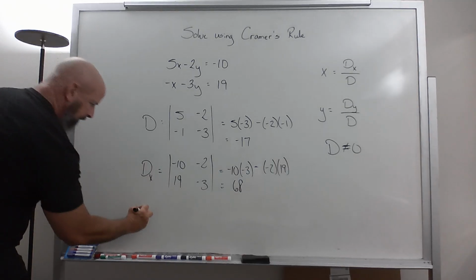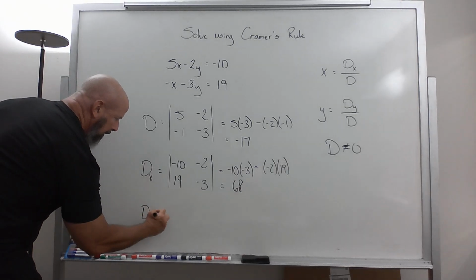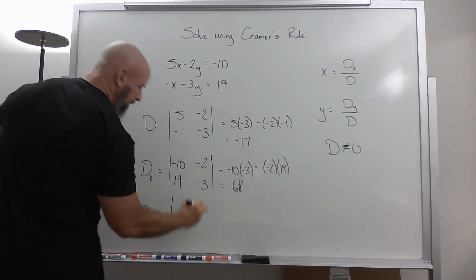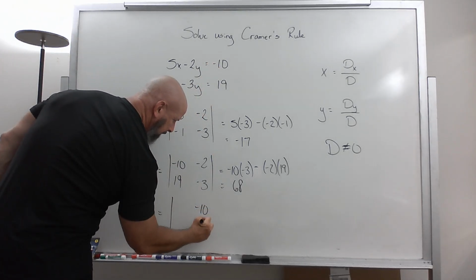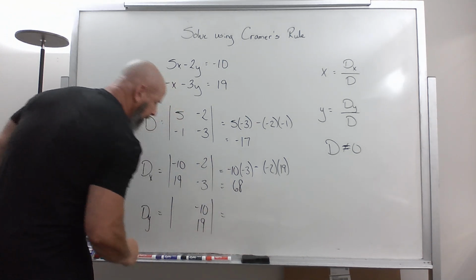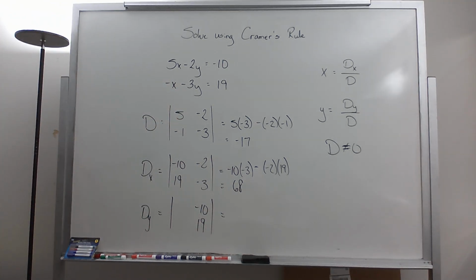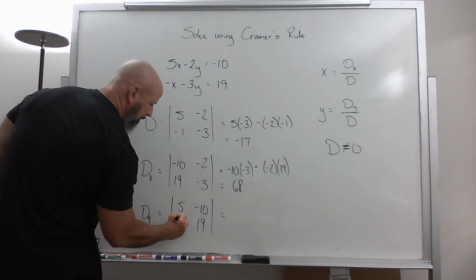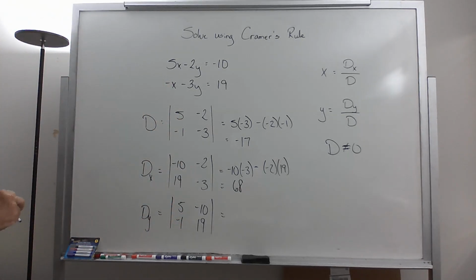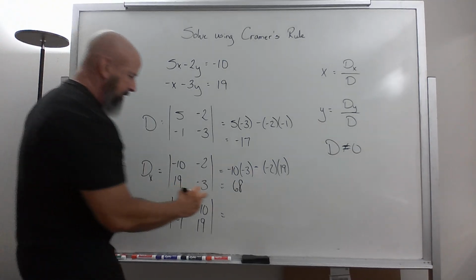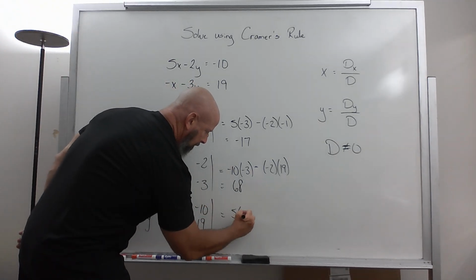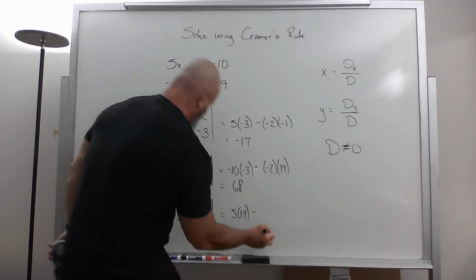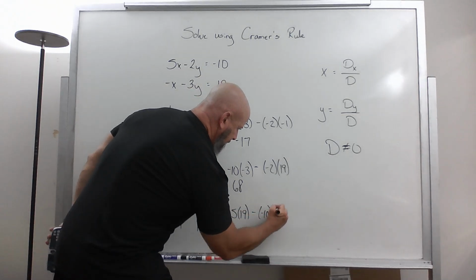And now we'll go for D sub y. So what this means is now our answers to each equation, -10 and 19, are now replacing the y column. And the x column will stay the original, 5, -1. So then we would have 5 times 19 minus -10 times -1.